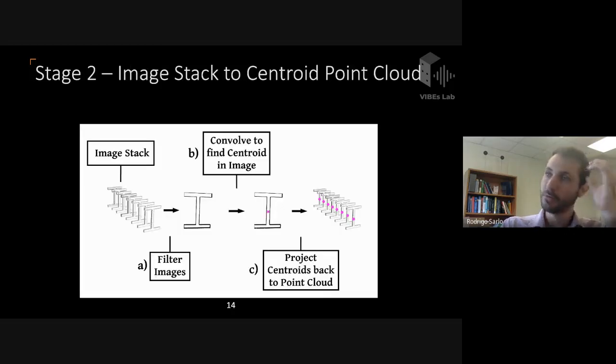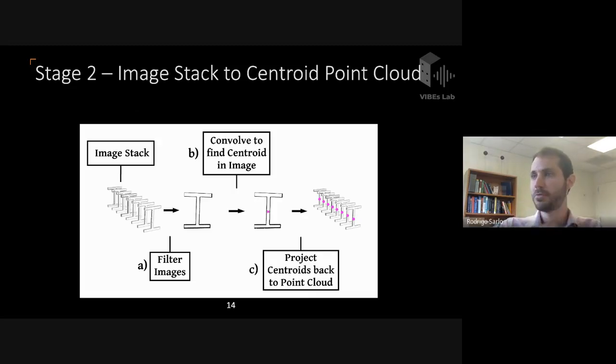Then once we have the stack of images, this is really where I think the real benefit of this method comes in, that we can use image processing approaches to filter the images so that we get rid of most of the noise. These are pretty noisy images to begin with.